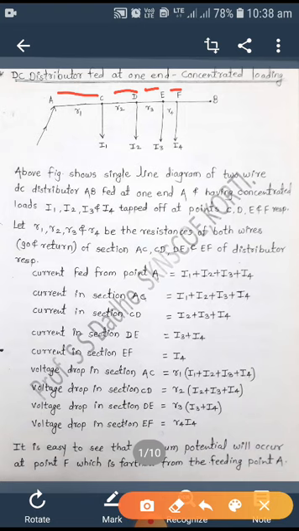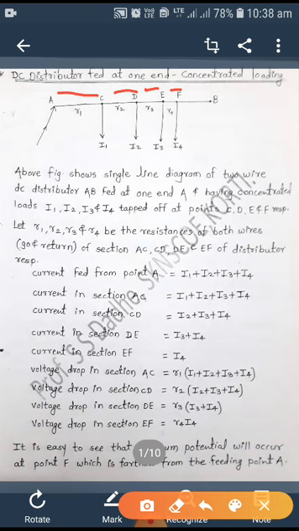Now we have to write the current fed from point A. In the distributor AB, how much current is fed from point A? Here the total current fed to the distributor AB will be I1 plus I2 plus I3 plus I4.